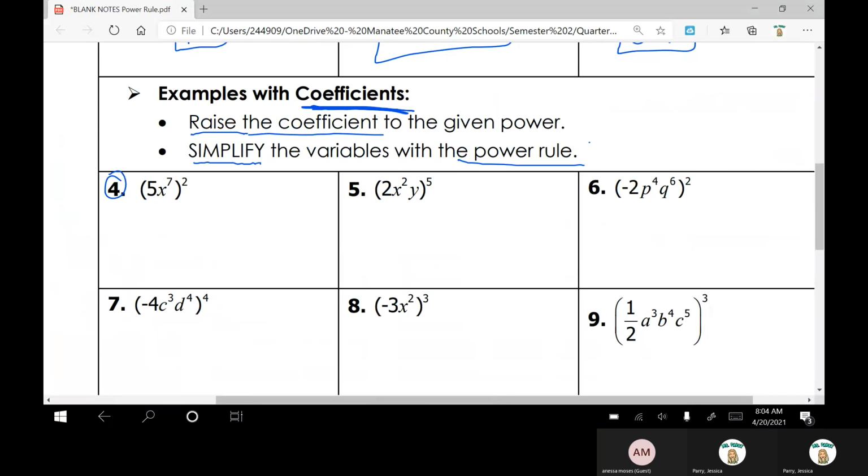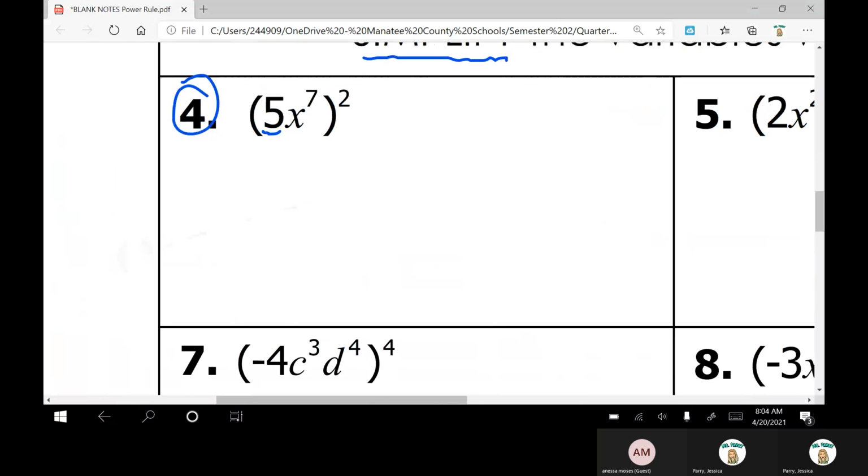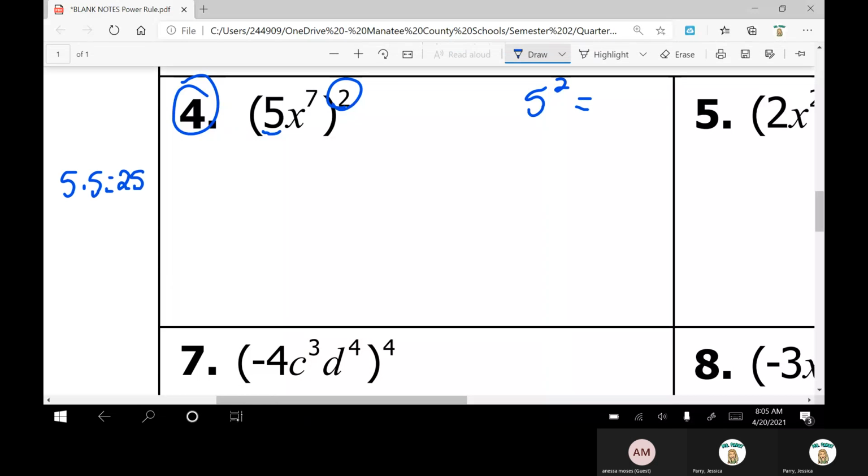Okay, so our first one here, number 4, we have 5x to the power of 7. All of that is raised to the power of 2. First, let's do 5 to the power of 2, or 5 squared. That's really 5 times 5 is 25. So here's my 25. I'm going to bring down 25. And then I can go on to my variables. My next variable is x.